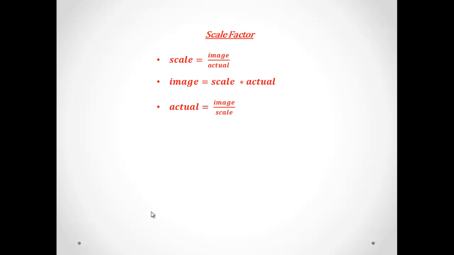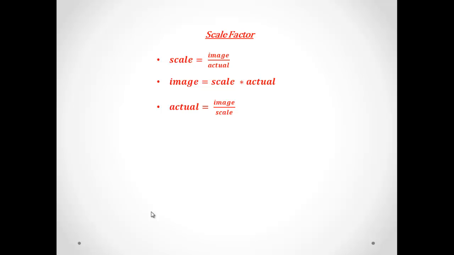So, just before we wrap this up, I just want to remind us of the formulas that we had used for scale factor. Scale factor is given to us by the length of the image over the actual object. If we rearrange those things, image is equal to the scale multiplied by the actual object.